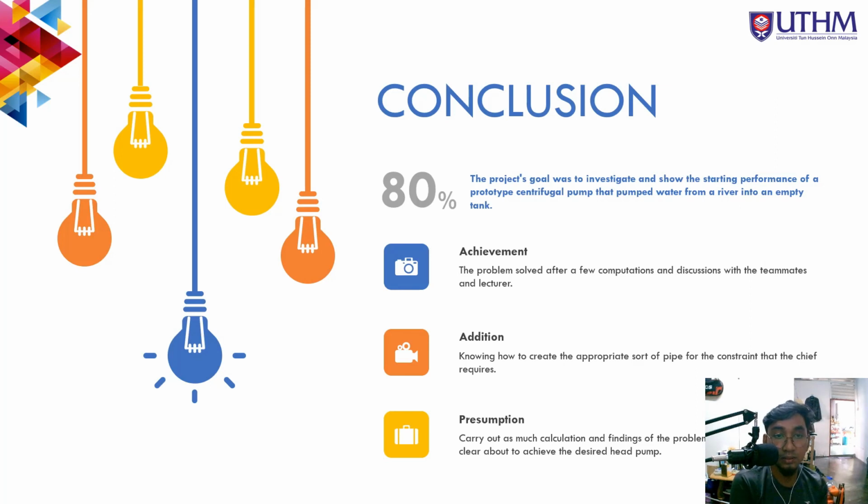In addition, we learned how to choose the appropriate sort of pipe for the constraints required. The more calculations and data carried out, the more can be understood to obtain the results and build a pump that meets the requirement made by the chief engineer.